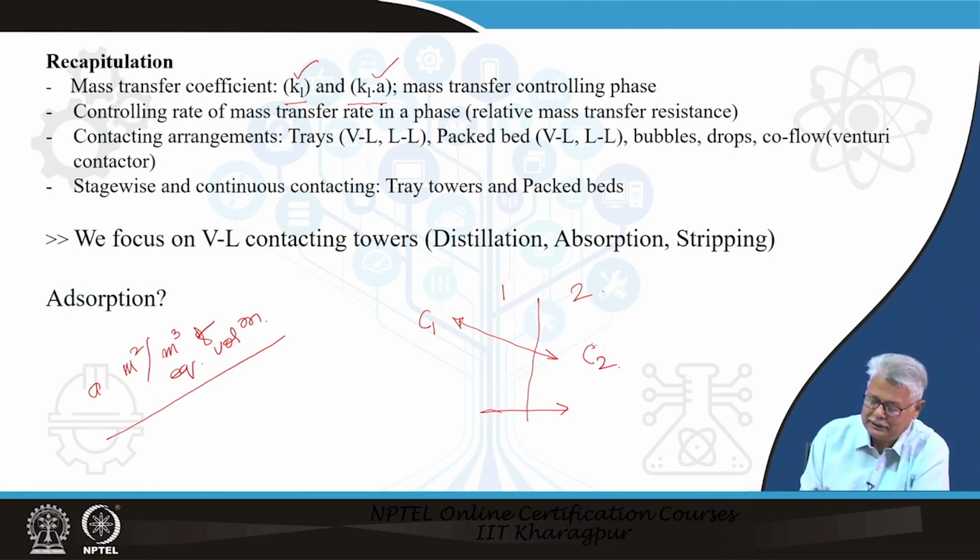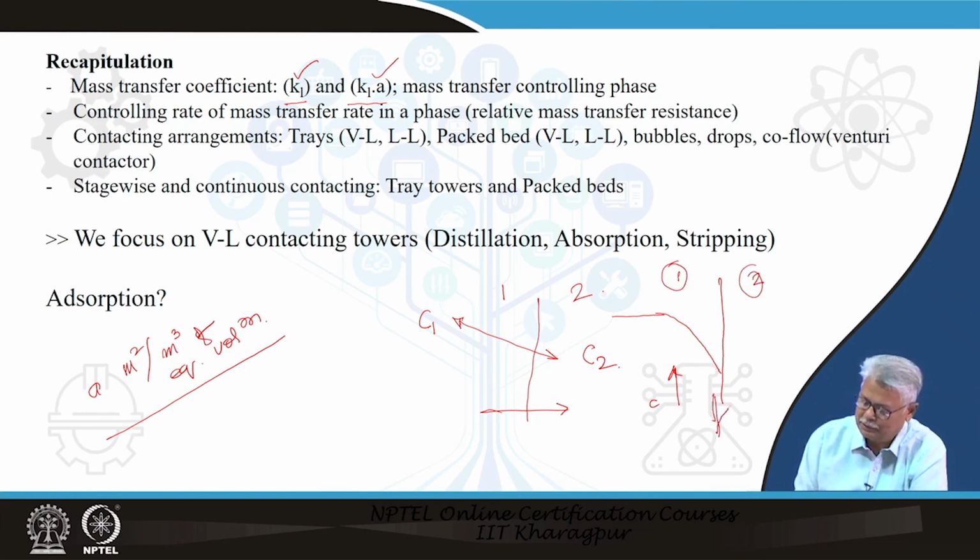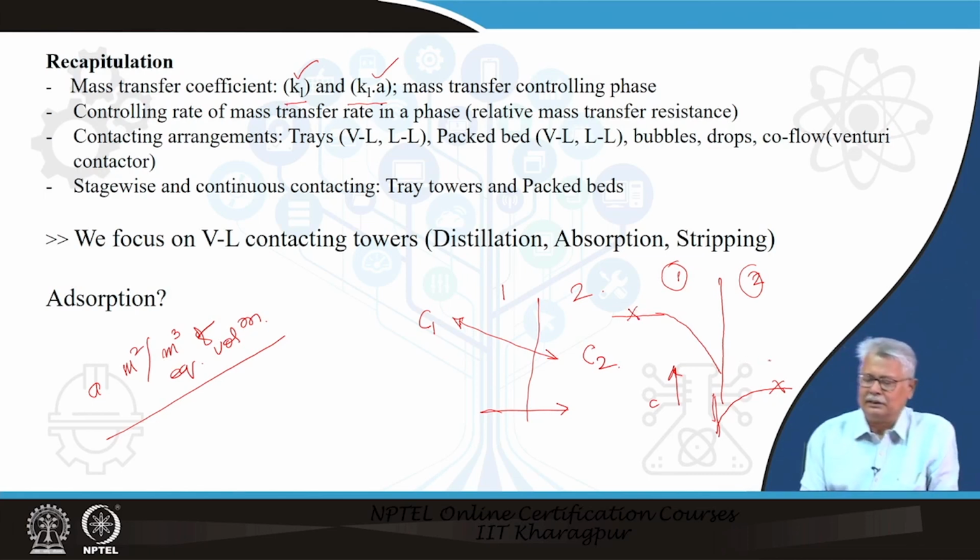There will be the interface here, and a concentration in the bulk which is fairly constant, then the boundary layer starts and it drops here. Similarly, this is my phase 1, this is my phase 2, and you will also have a boundary layer here with the bulk concentration, and definitely the concentration difference drives the mass transfer.